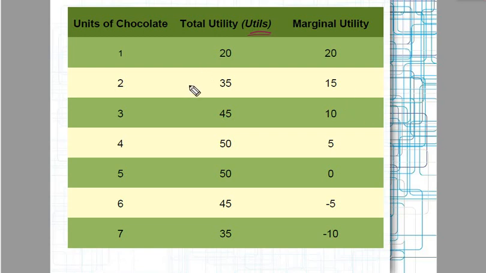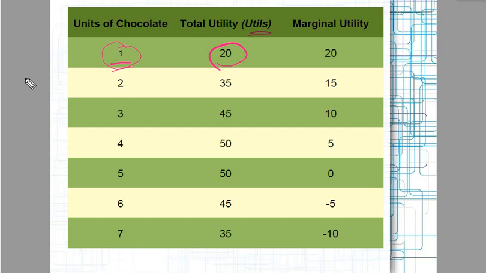Okay, so now the first unit of chocolate, let's assume, gives you 20 utils. And this explanation, by looking at the table, is quite obvious, but I'll give the explanation anyway. For the first unit of chocolate, and remember, this is a hypothetical example because it has more to do with analysis rather than real life.